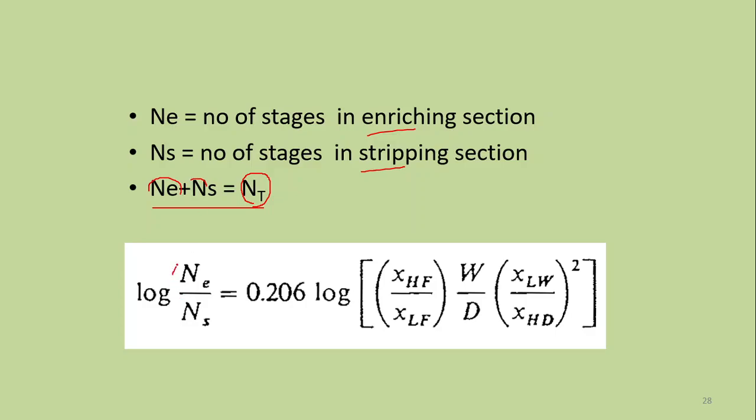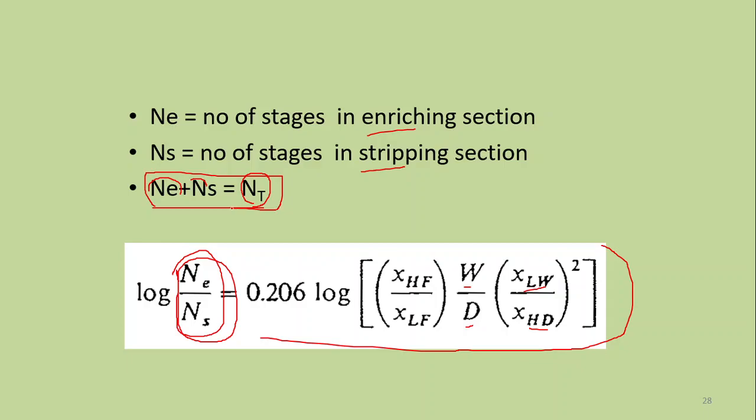The ratio of NE and NS is given by this formula, a very simple formula: xHF, the heavy key in the feed, xLF, the light key in the feed, xLB, the light key in the bottom, and xHD, the heavy key in the distillate. These are the compositions. W and D are the flow rates, and then we just square this value to get the ratio. We solve this ratio together with the total stages equation. Using these two equations, we can find NE and NS, which is nothing but the feed location. So this is all about the calculations.